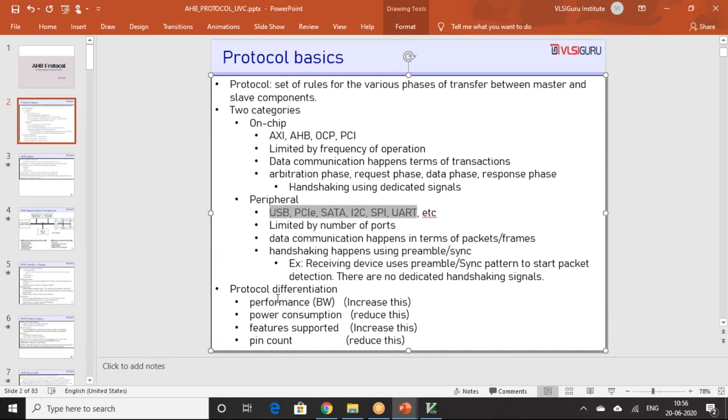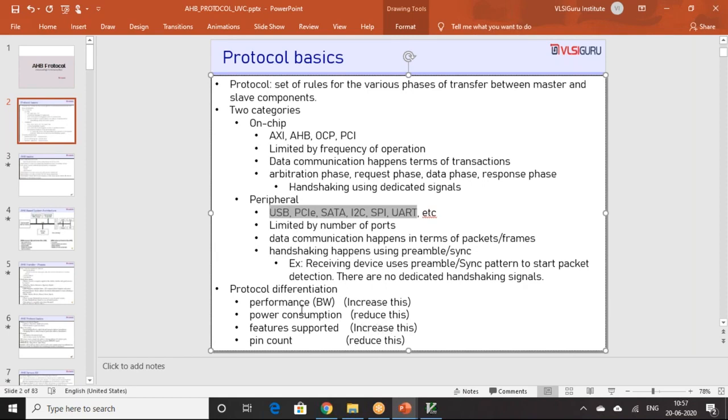Protocols are differentiated based on 4 factors: the performance, power consumption, features, and pin count. Ideally, in an ideal protocol, we want the highest performance at the lowest power with the highest number of features, with a minimal number of pins.